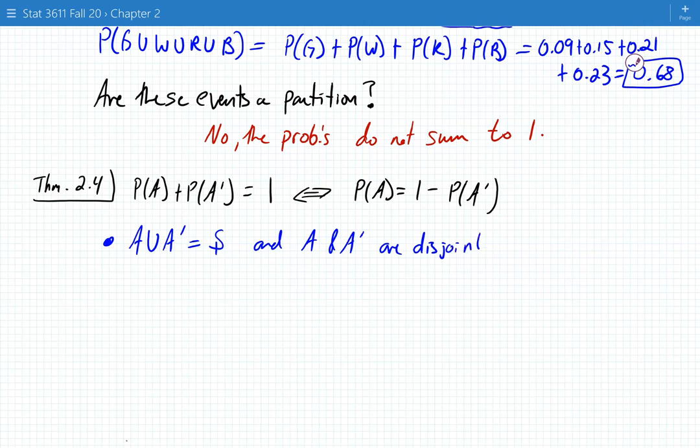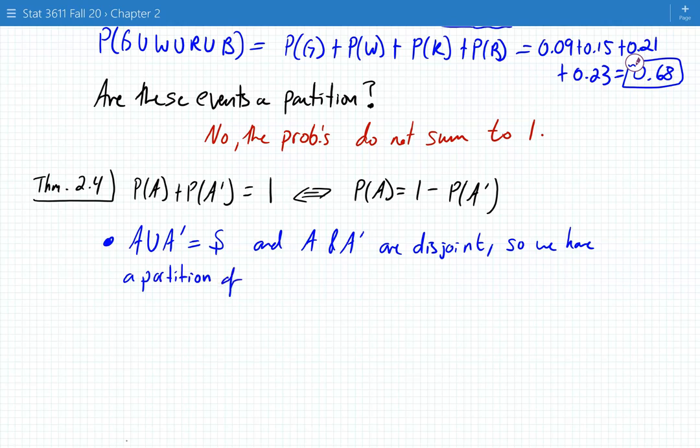These are disjoint, and so what we have here is 2 disjoint events whose union is the sample space, so we have a partition. This is like the most trivial partition of a sample space. A single event and its complement.